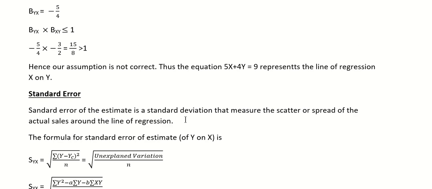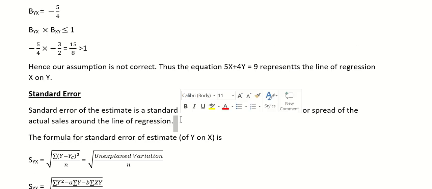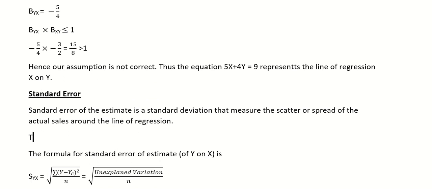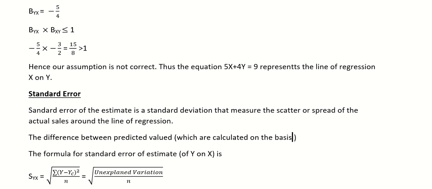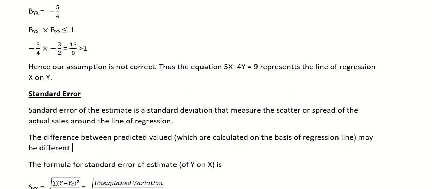So here I can write it: the predicted values which are calculated on the basis of the regression line may be different from the actual values.